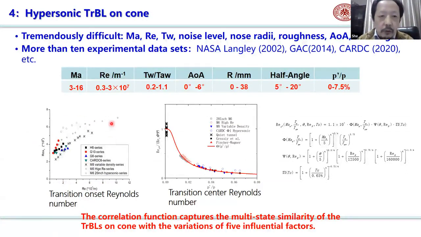You see that there's no consensus, and no formula can represent it. But as we take out the effects using this formula, you see that everything collapses onto a single curve. Therefore, the transition center Reynolds number is predictable.